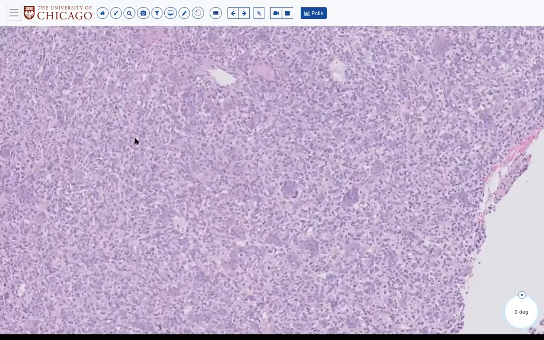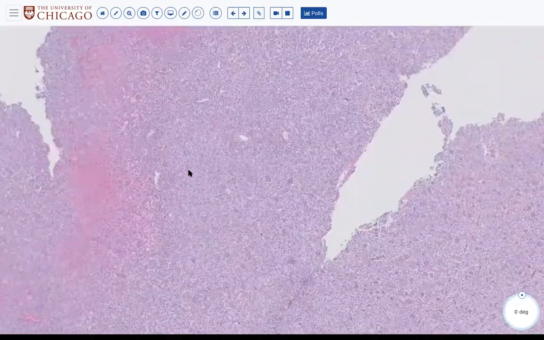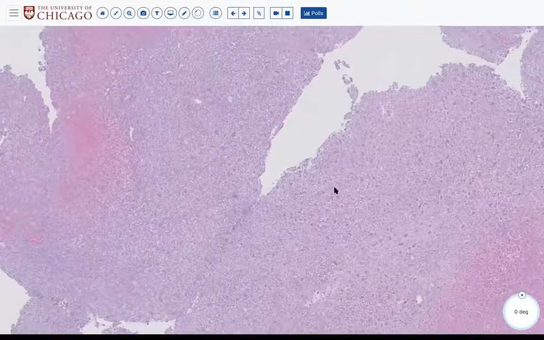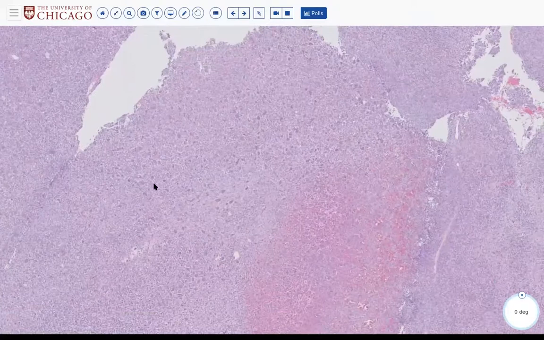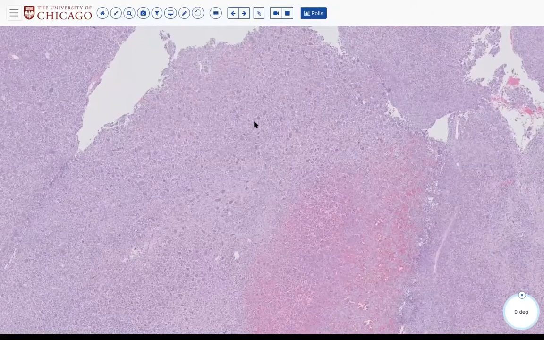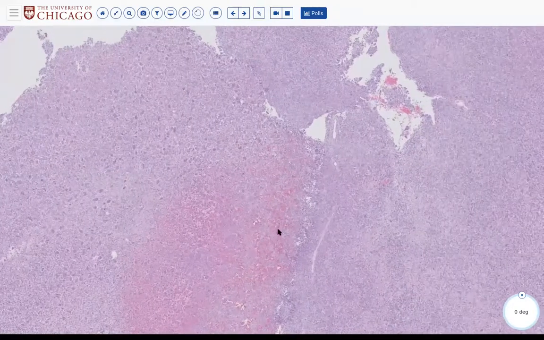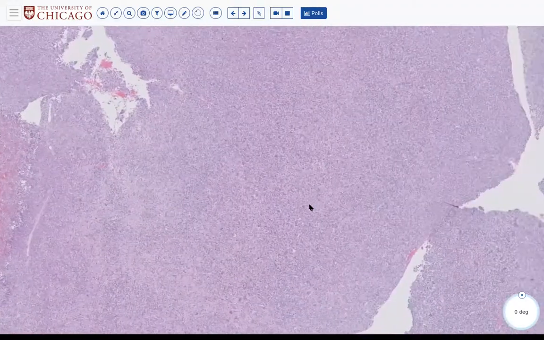The giant cells are arguably, if you look on low power, quite evenly spaced, right? You just see nice, evenly sprinkled giant cells diffusely throughout this lesion. Everywhere you look, they're sprinkled.